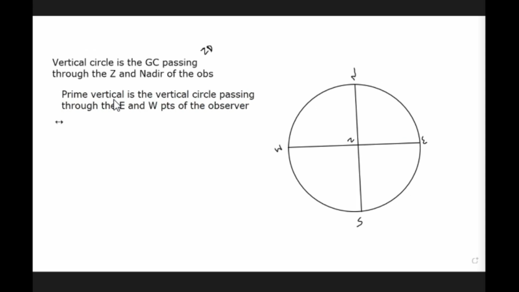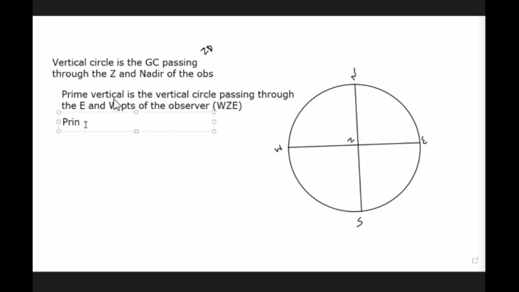I'll come to it later. Just get the definition of prime vertical. So for example, in this case WZE is a prime vertical, because Z is anyway where the vertical circle is passing. So I can put that here in bracket, WZE or EZW, whatever you want.